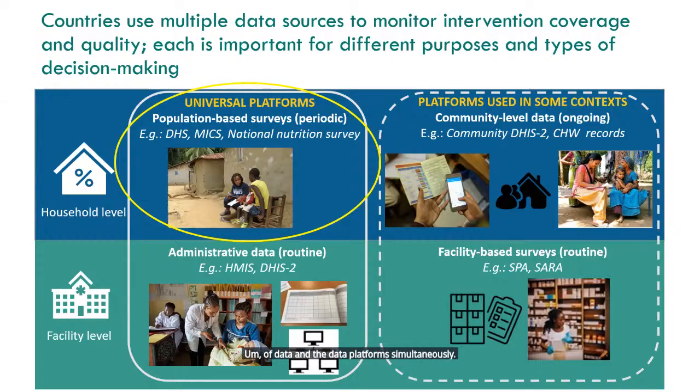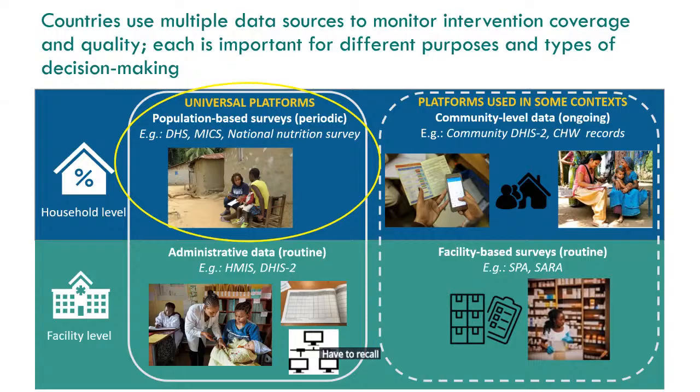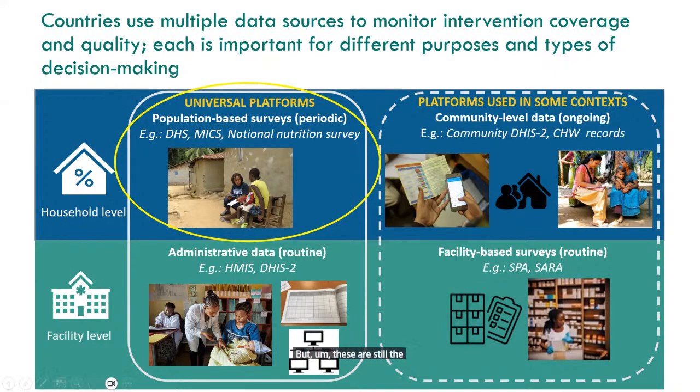A characteristic of population-based surveys is that people often have to recall whether they received an intervention and report whether they needed it. If self-reported, there is a possibility of misclassification and bias, which we'll discuss. But these are still a primary source of coverage data. Administrative data are not necessarily representative of the population.